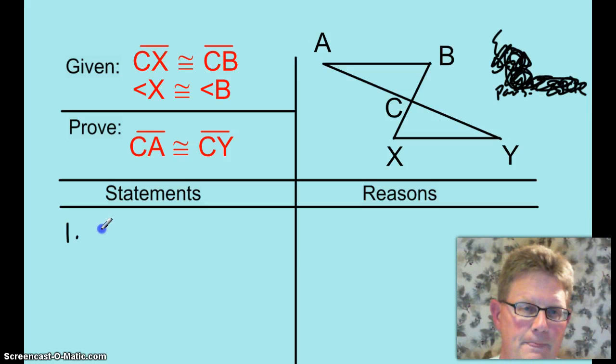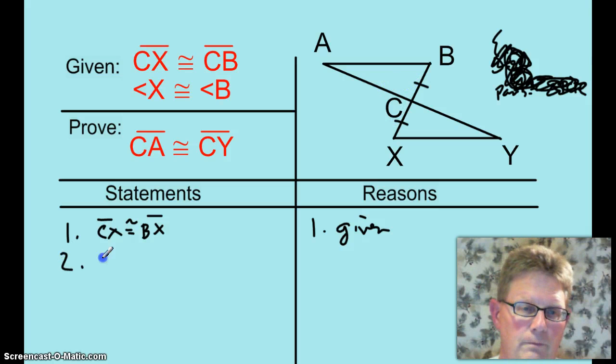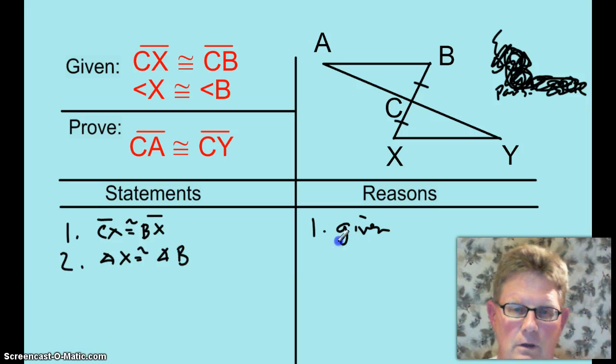Statement 1. CX is congruent to BX. Those two segments are congruent. Given. 2. Angle X is congruent to angle B. Given. Angle B with two arcs congruent to angle X with two arcs.